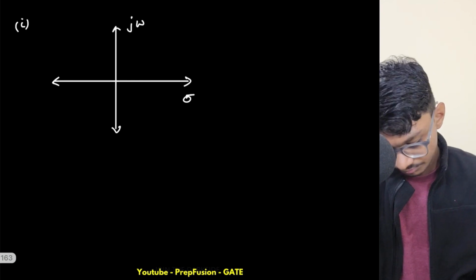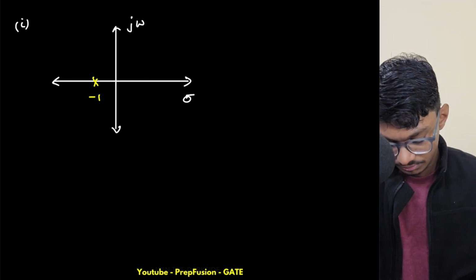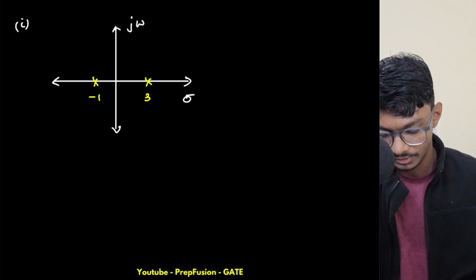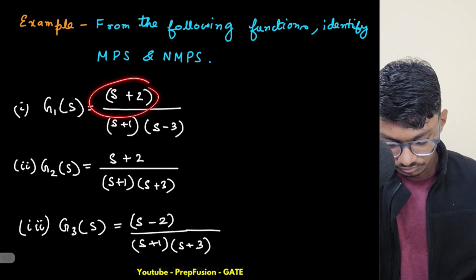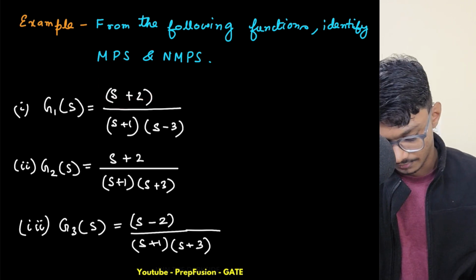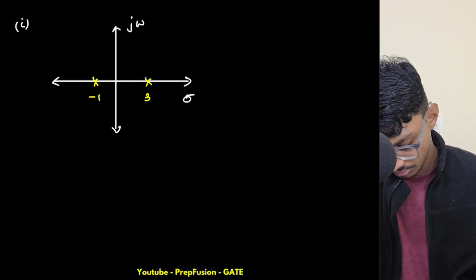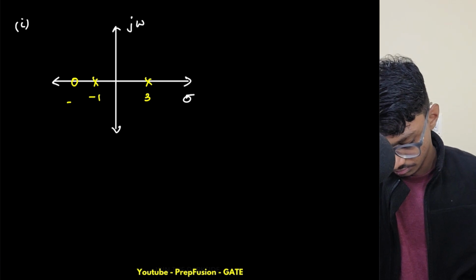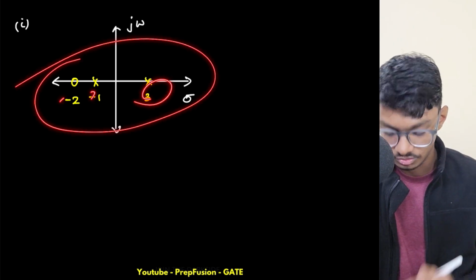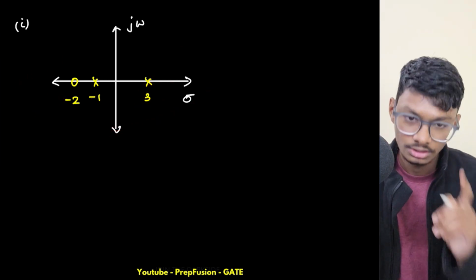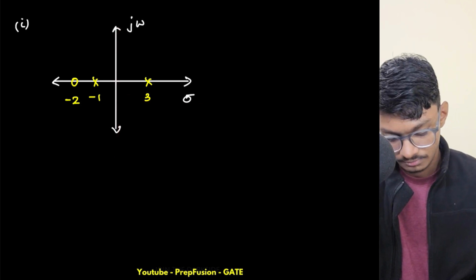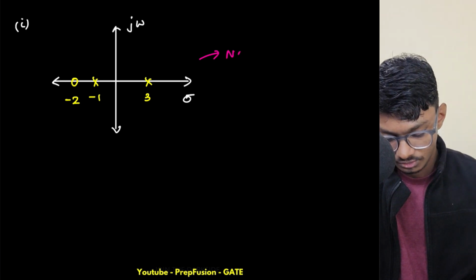Where is my other location? This is a zero location, which is at -2. So we have a zero at -2. So these are my locations. Is this a minimum phase system or non-minimum? This is a non-minimum phase system, as one of the poles is lying on the right hand side of the j omega axis.